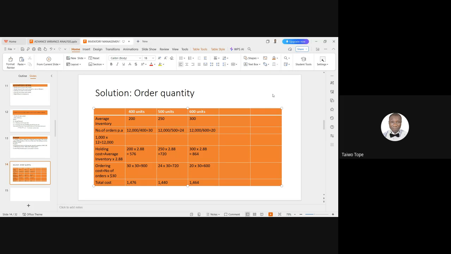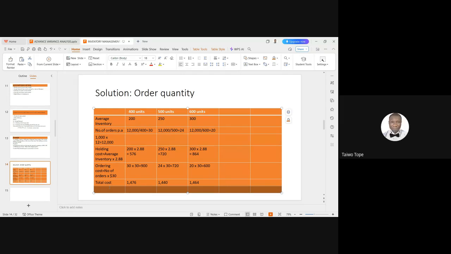based on your knowledge of inventory management, the essence of inventory management is to see what units you can order per batch that will minimize cost. 500 units. Very good.